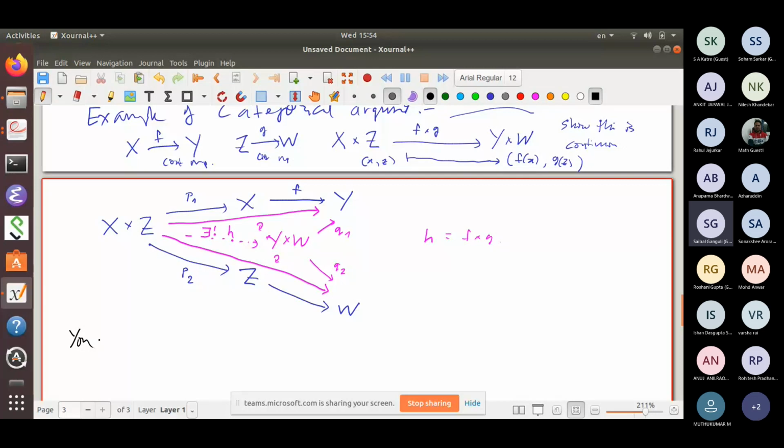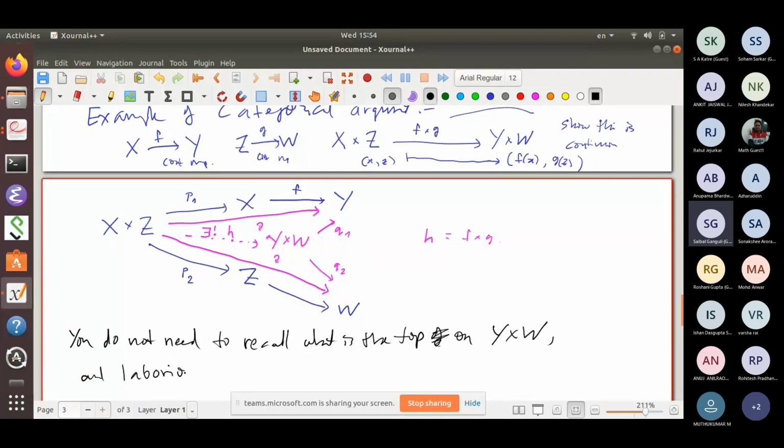But you do not need to recall what is the topology on Y cross W and laboriously show that the inverse image of each open set of Y cross W is open in X cross Z. You don't have to do this, okay? Because the proof is here simply by arrows.